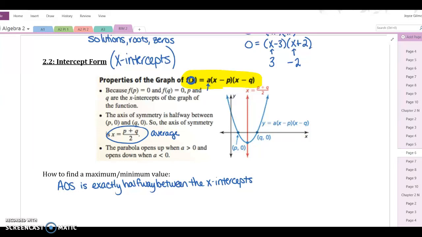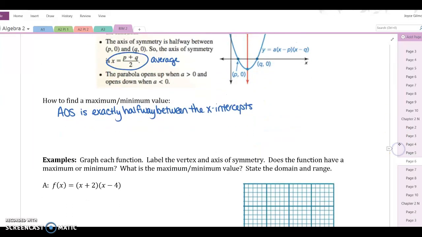So you're finding the x value that is exactly between those two x-intercepts. Once you have that x value from the axis of symmetry, remember that your vertex is your axis of symmetry, comma, something. So plug it in to find the y value.